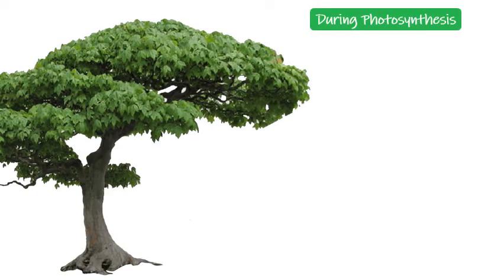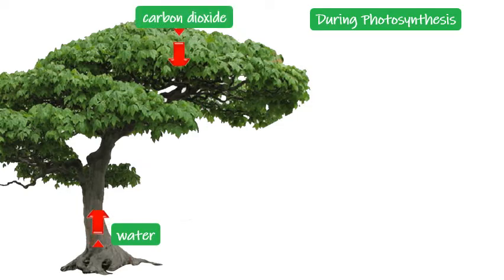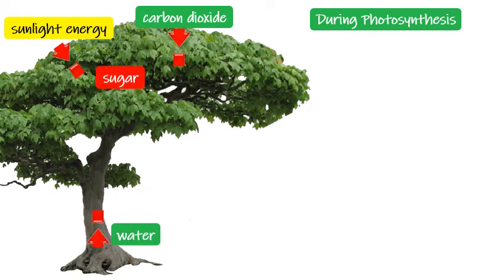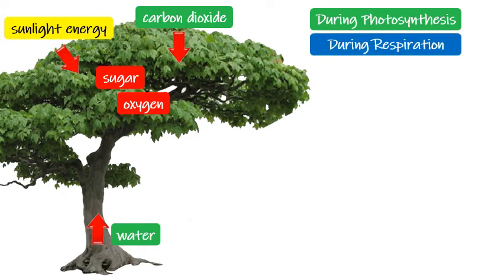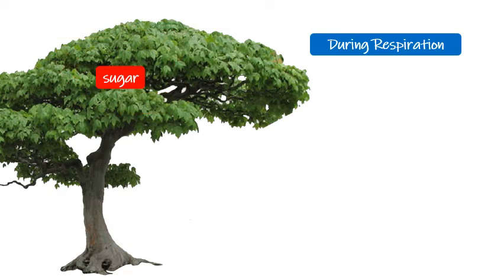Yeah. During photosynthesis, plants absorb water, they take in carbon dioxide, and they mix them together using sunlight energy. What do they get? They get sugar and they get oxygen. This oxygen will be released to the air. During respiration now, the plant has the sugar.